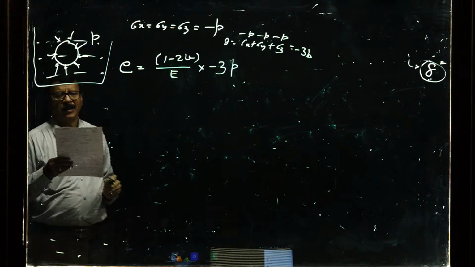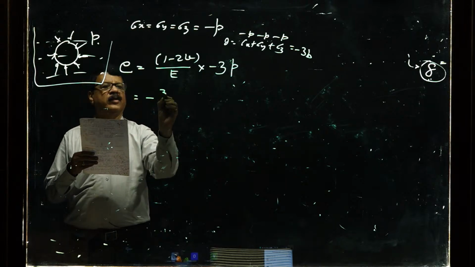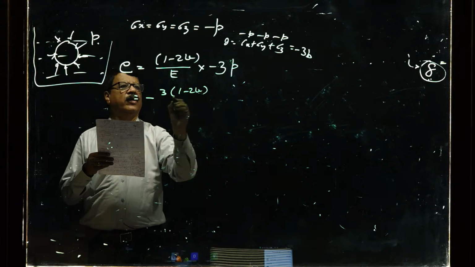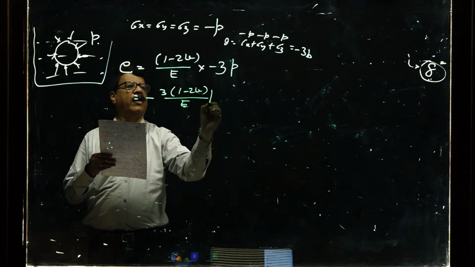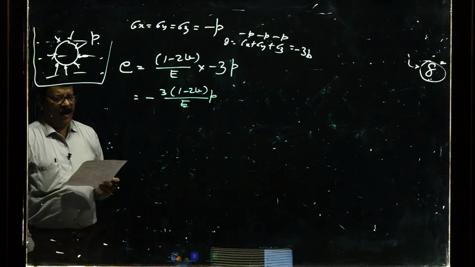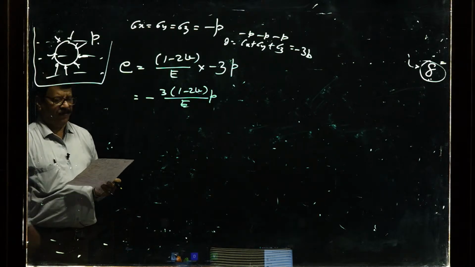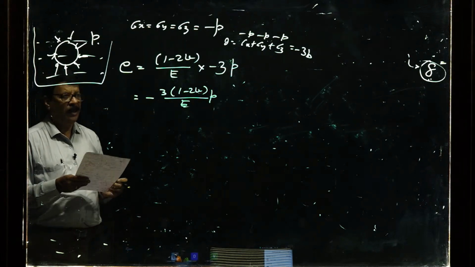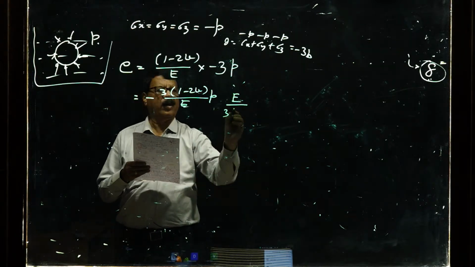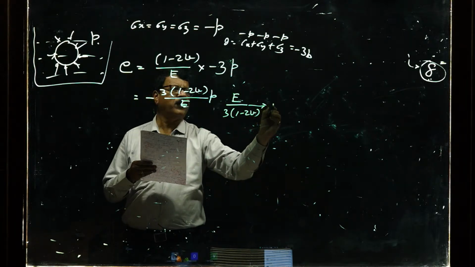So this is the case of uniform hydrostatic pressure acting on the body, and E upon 3 into 1 minus 2v is called the modulus of volume expansion.